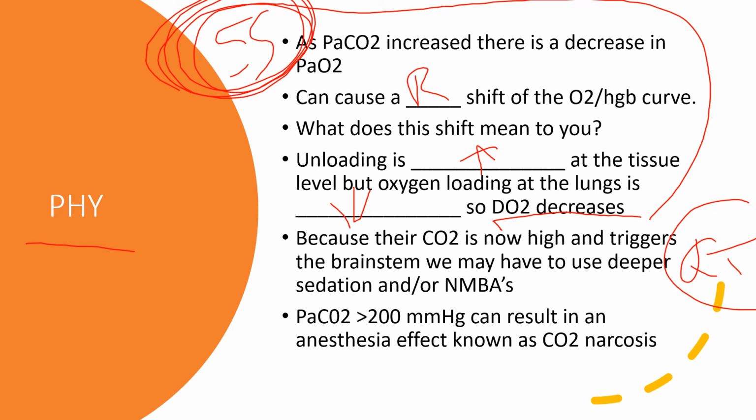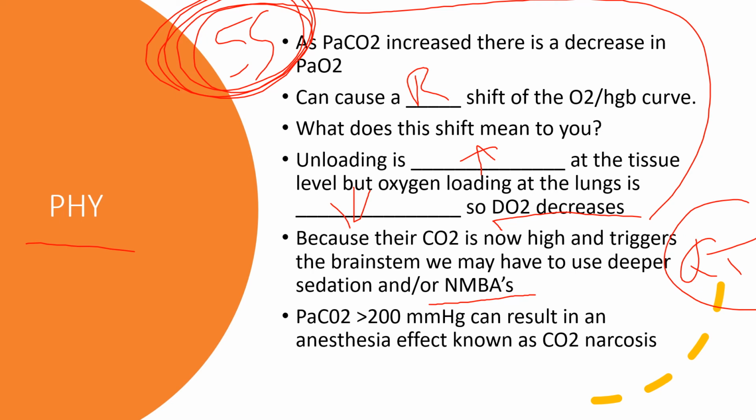Because their CO2 is now high, it triggers the brainstem, and we have to use a deeper sedation or possibly put this patient on a neuromuscular blockade agent like a Nimbex drip or a paralytic drip of some sort. So when we're seeing their CO2 start to rise, that's where we have to be careful. We might have to go deeper into sedation or even paralytics on these patients with permissive hypercarbia to help out.